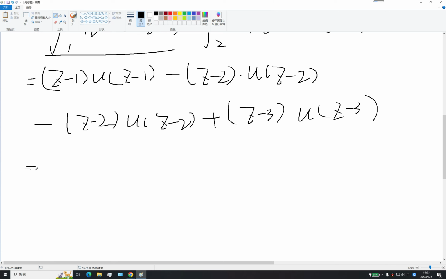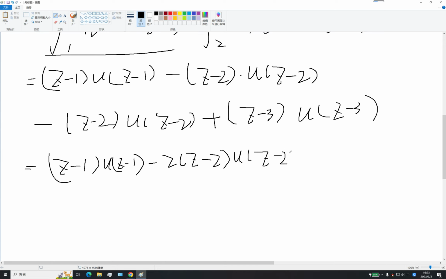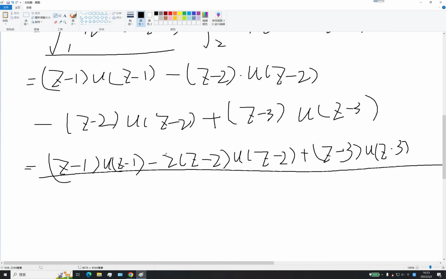So the answer is (z minus 1) u(z minus 1) minus 2(z minus 2) u(z minus 2) plus (z minus 3) u(z minus 3). This is the answer of the convolution method.